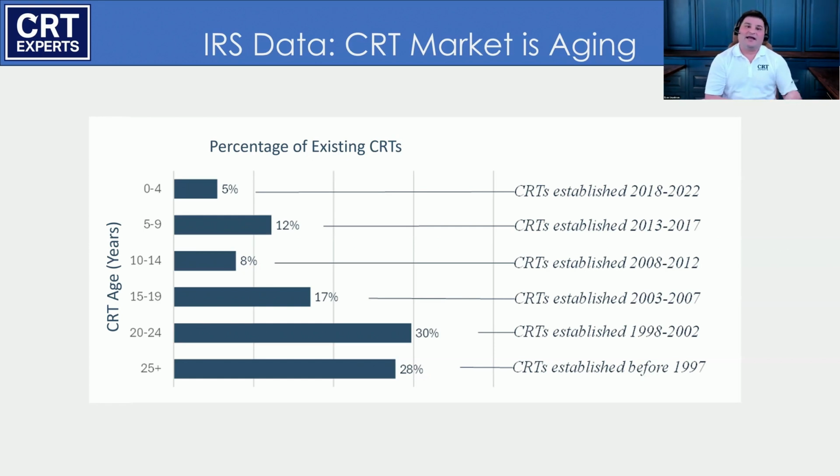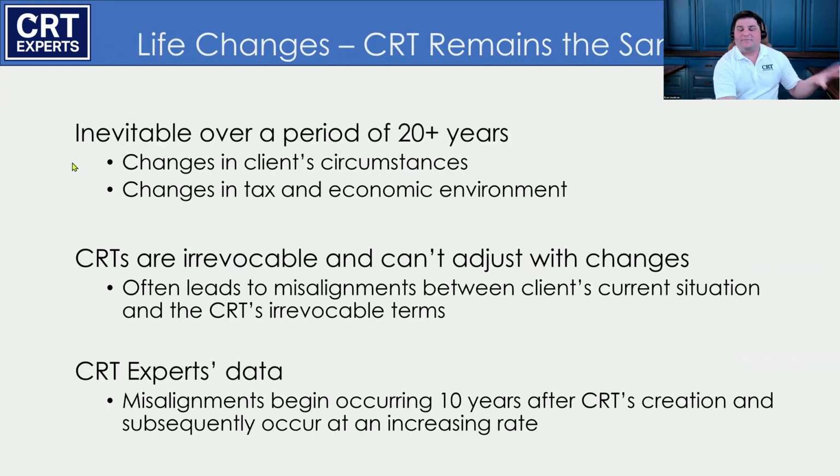Of course, in the late 90s, we had the tech run up, and so there was a lot of appreciated property out there. But the long and short of this is there were a lot of CRTs created then. There was sort of a CRT boom in the 90s and early 2000s, so much so that there are still a lot more of those CRTs out there than CRTs that were created in the last 15 years. So keep that in mind.